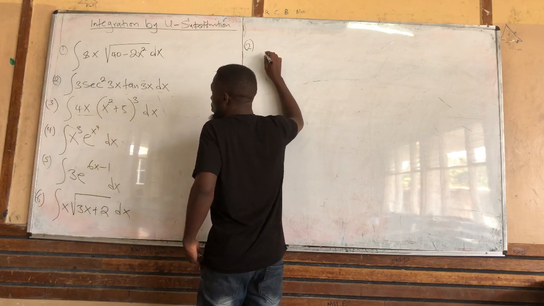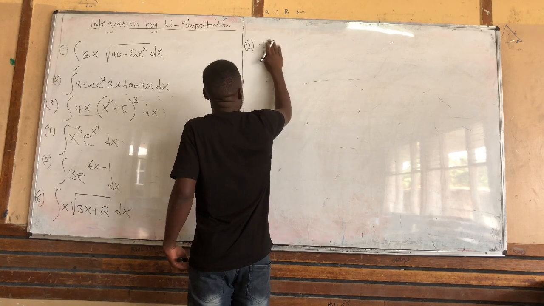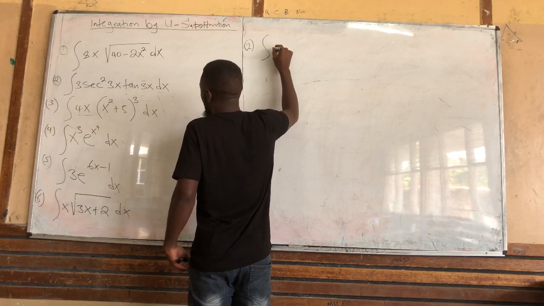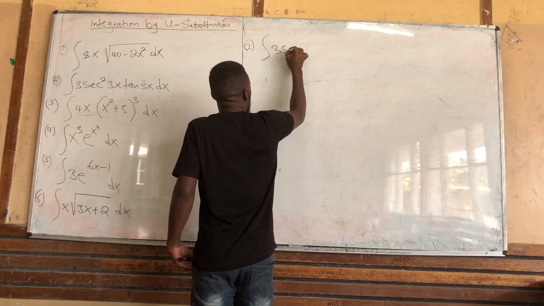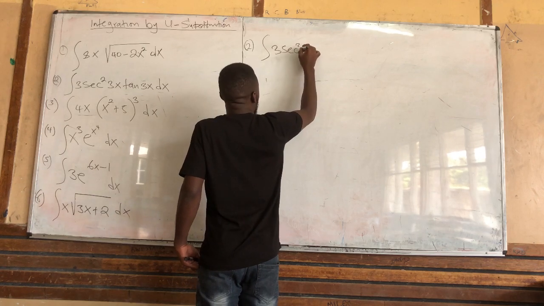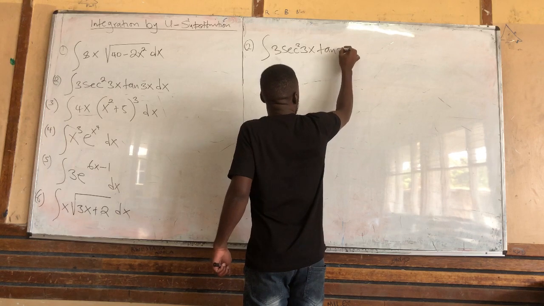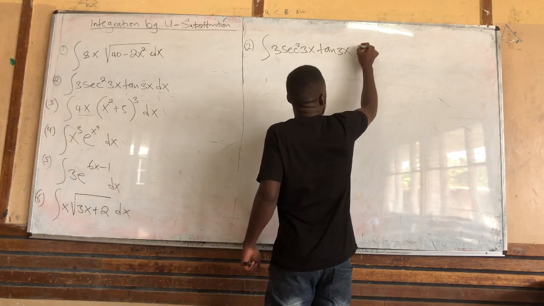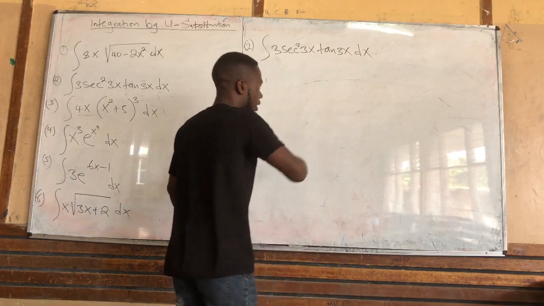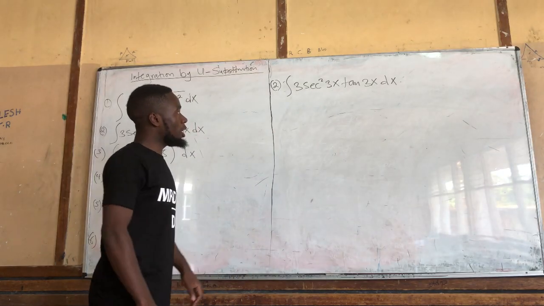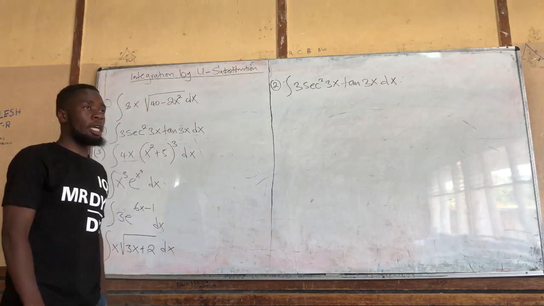Question number 2. This is integral 3 sec squared 3x tan 3x dx here.